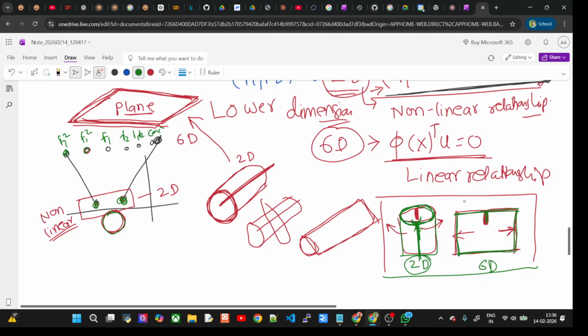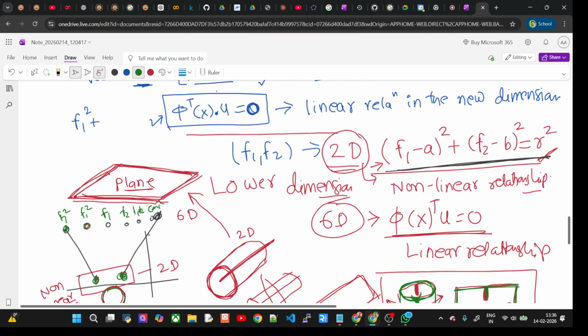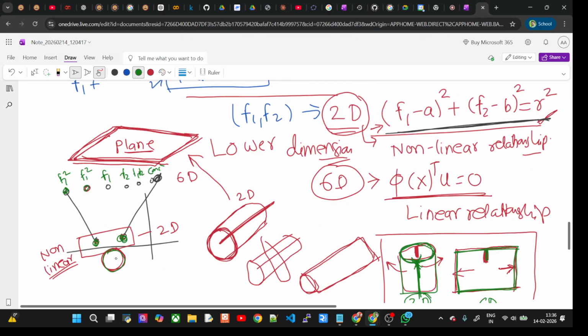Okay, so what I want to say here is, whatever the non-linear things are there in the two dimensions or lower dimension, 2D is lower than 6D, 6D is a higher dimension, so 6 dimensions is higher than 2 dimensions. So whatever is in the lower dimensions, you are now projecting into the higher dimensions, and you are making it a plane.